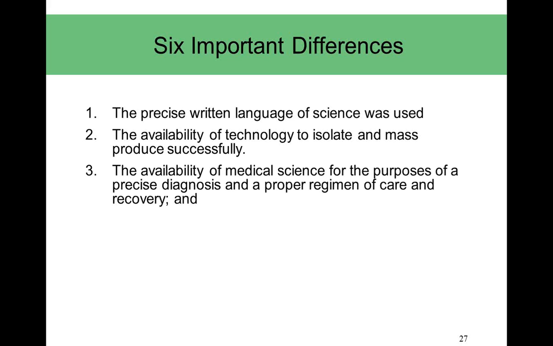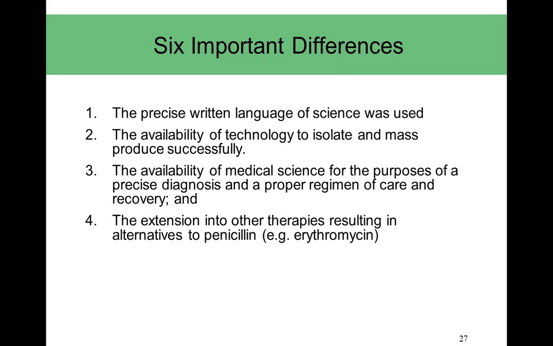Third, the availability of medical science for the purposes of a precise diagnosis and a regimen of care and recovery. So all of these things being articulated, being put into language, being put into manuals, being put into a structure of medical care. Fourth, the extension into other therapies resulting in alternatives, for example, the early discovery of erythromycin for people who were allergic to penicillin, and for the record, I am not allergic to erythromycin.